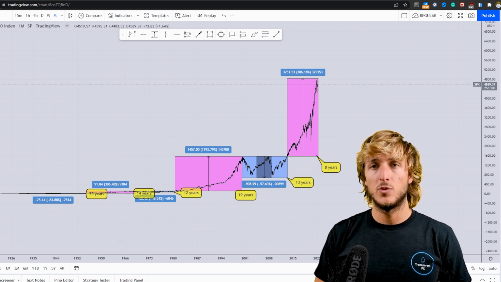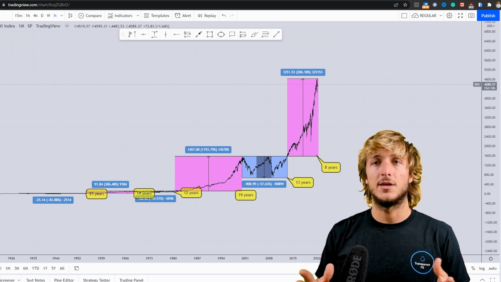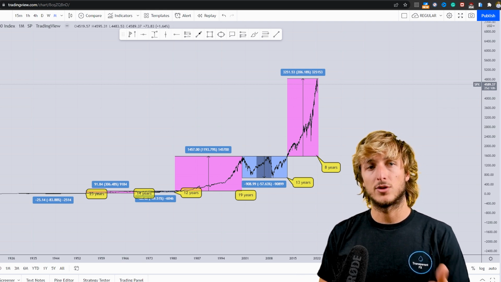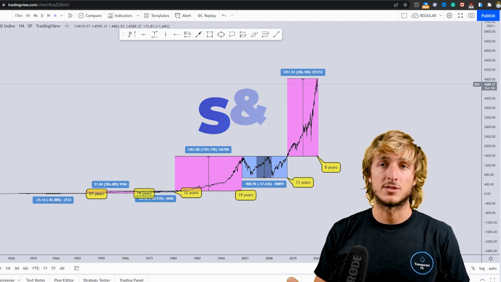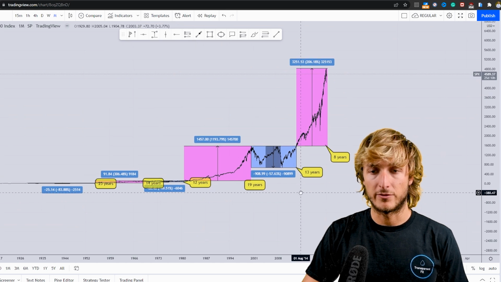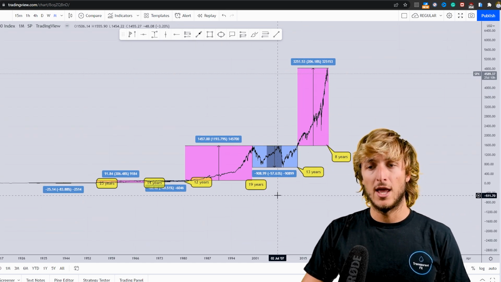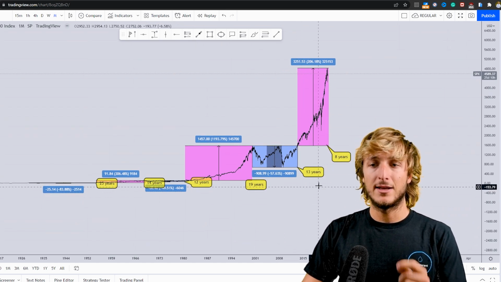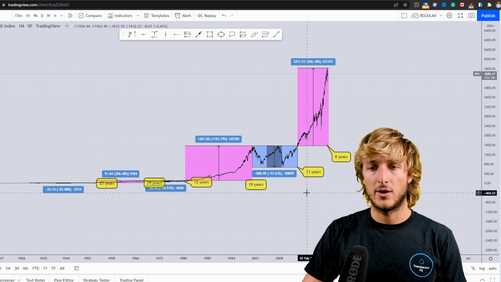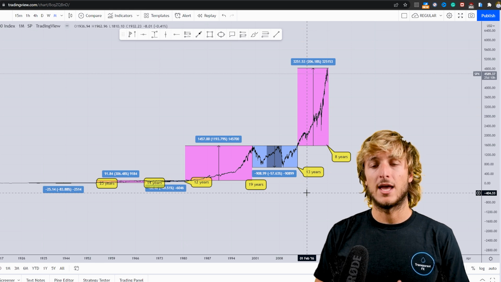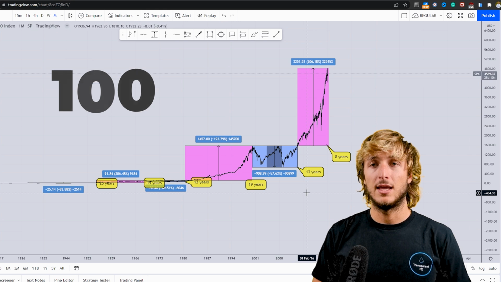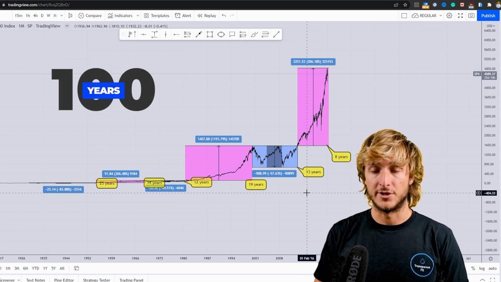In fact, we will be looking at the historical cycles that we had in the stock market, obviously by taking the S&P 500 as our reference, because it is the market of reference when we speak about the stock market. And we will be diving a little bit into how these patterns of bull cycles and ranging and accumulation areas have been playing out in the last more than 100 years.